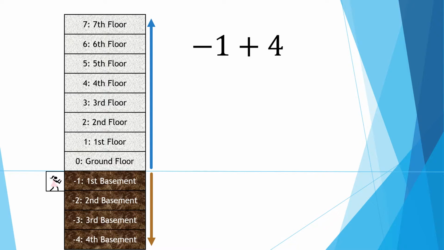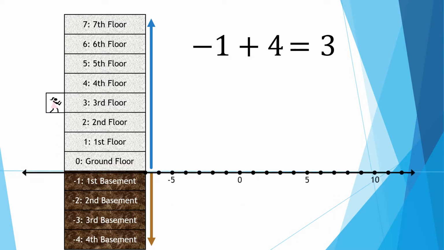We'd be at the ground floor. And how many more floors do we have to go up? 3 floors. So where will we end up? We'd end up at the positive 3rd floor. Very good. The way this one works is you start off at negative 1, you go up 4, and you end up at the positive 3rd floor.